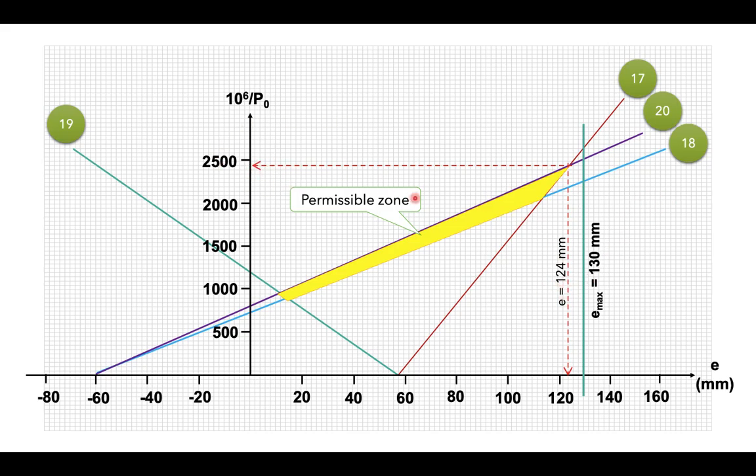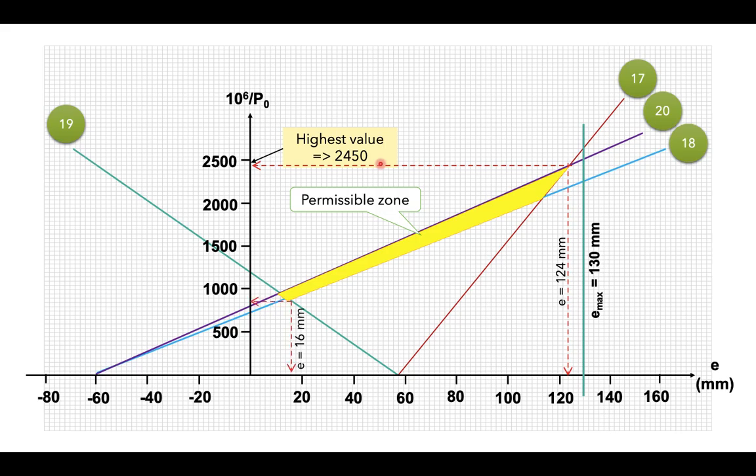So this is the highest value, and this is the eccentricity value which corresponds to the highest value of 10 to the power of 6 over P naught. So this is E of 124. That is the highest value, which is read as 2450.